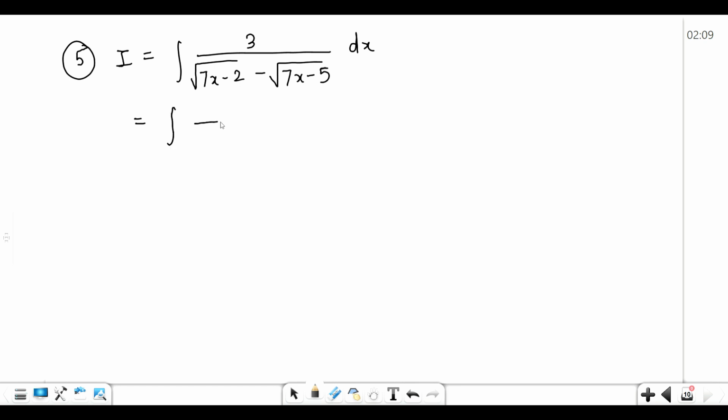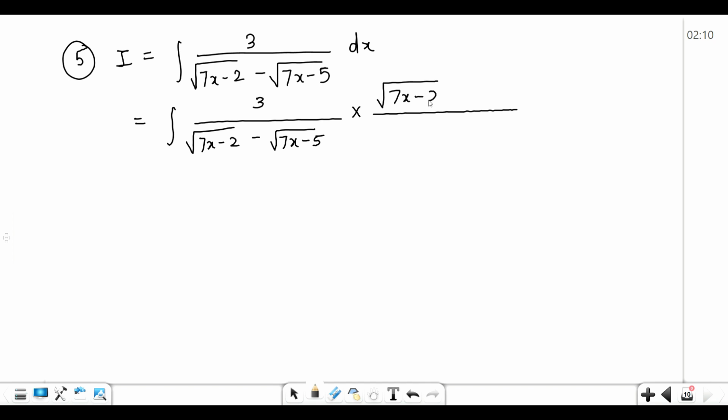I hope you know how to rationalize this. So first of all we write the same question here, and if you want to rationalize the denominator, you have to look out for the sign in between both of these terms, which is minus. So we will multiply the same term with the plus sign in between.